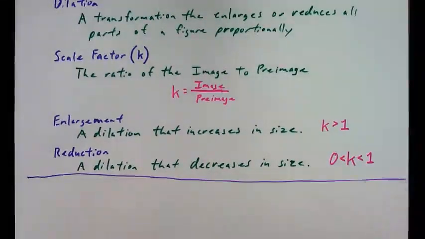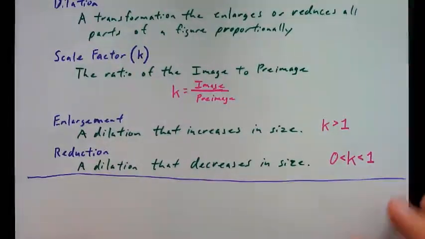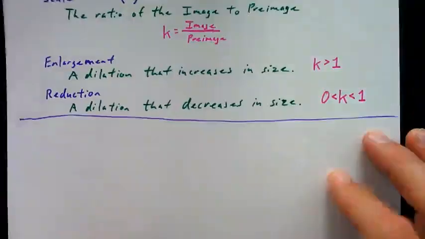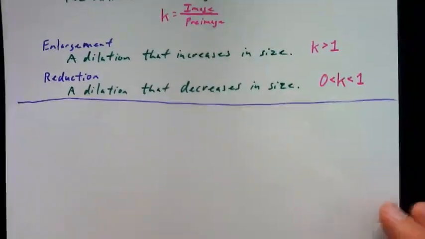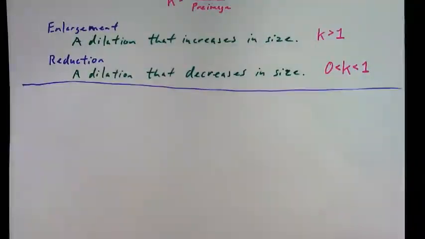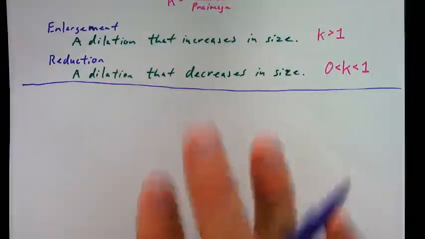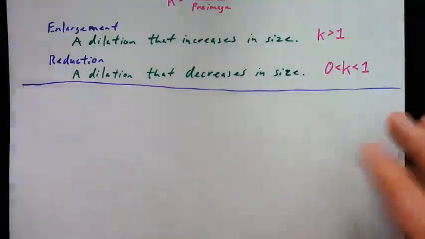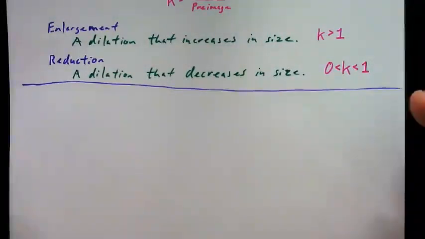Now, the next thing we're going to do is a little drawing. Make sure you have some decent space so this doesn't run into the stuff up there. If you don't think you have enough space at the bottom of the paper, you might want to start on the back.